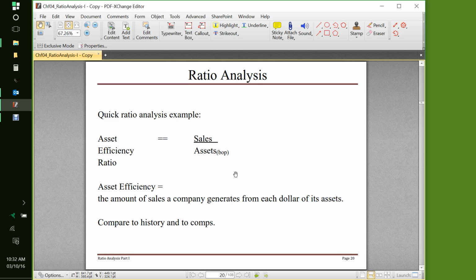And we're going to compare it to the company's comparables to see if other competitors are squeezing out more sales per dollar of assets than, in our case, Continental, the primary company that we are looking at.